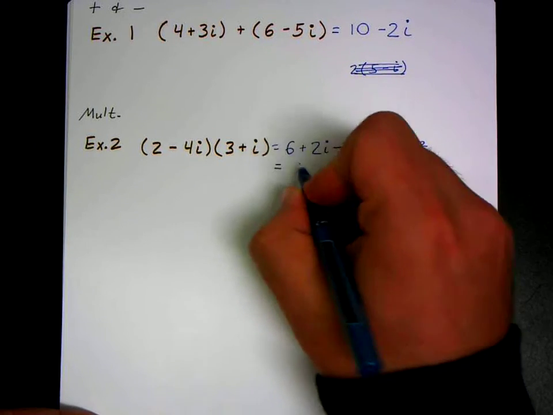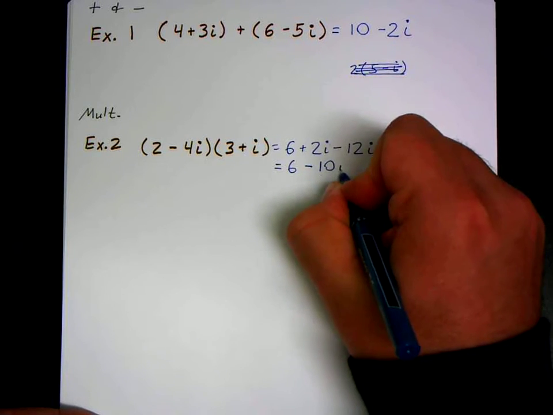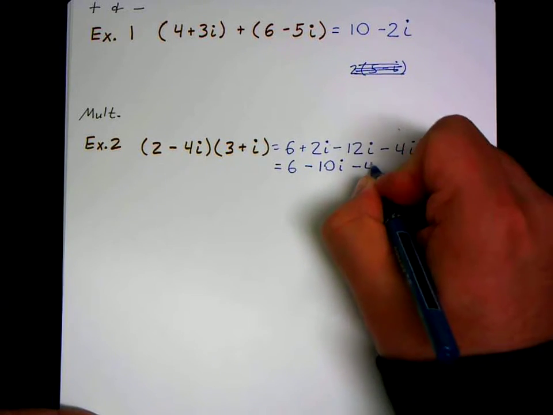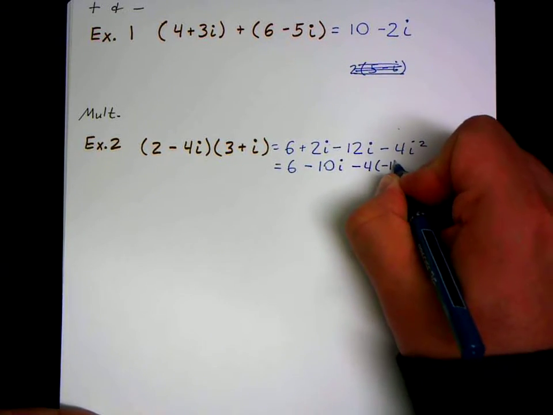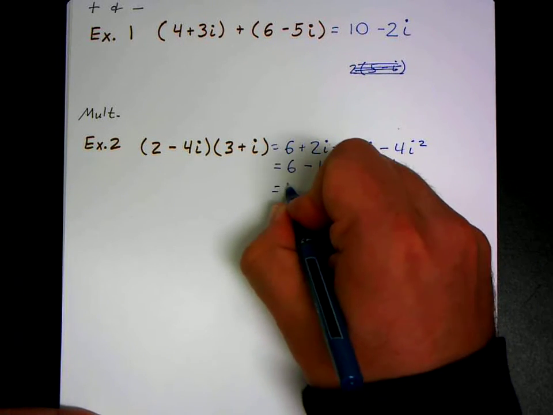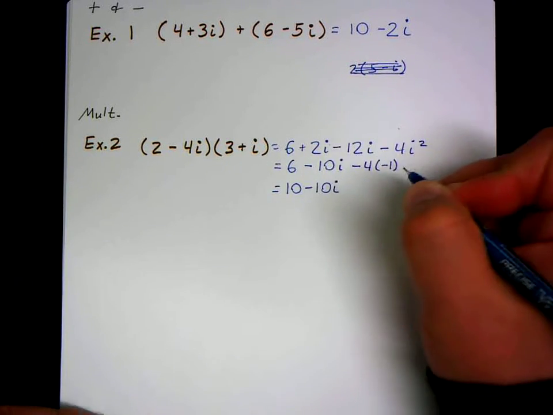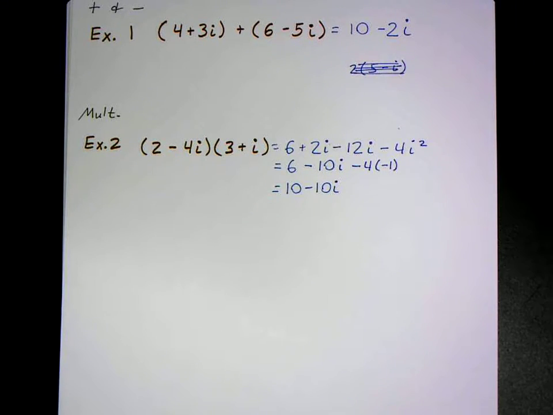Negative 1. So whenever I go to simplify, I need to change that i squared to negative 1. Because whenever I do any kind of math on this, my answer should come out as being a complex number.